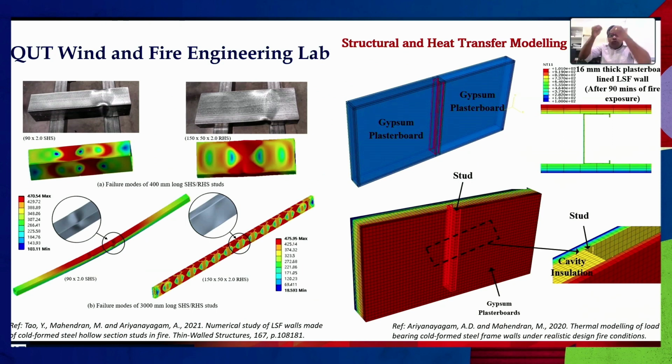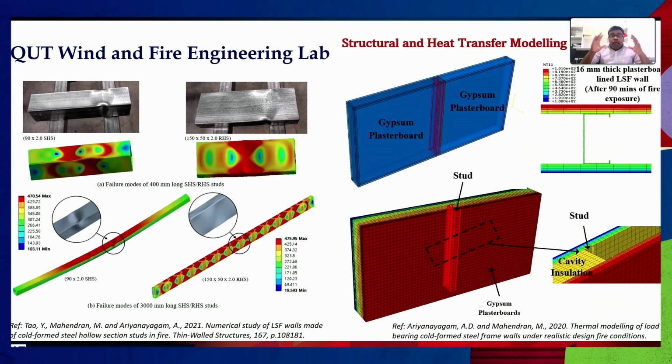And we also work out the capacity of the stud at different temperatures, because the steel has its own mechanical properties, the yield strength and the elastic modulus or the stiffness, at various values at various temperatures. So we do those dog bone, the tensile coupon tests to obtain that, and we do the modeling to obtain those capacities. So that's our background.